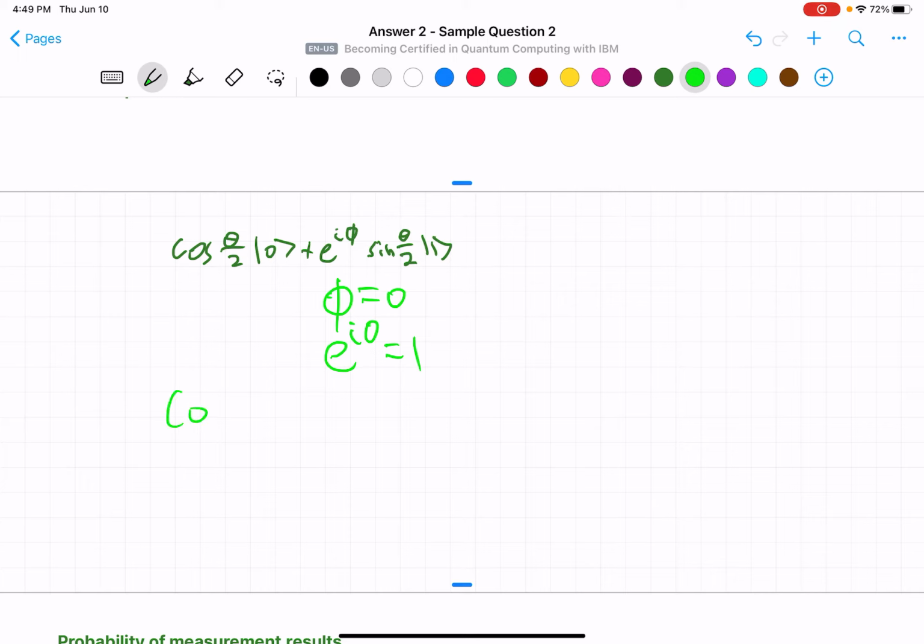And so then we just worry about amplitude for the 0 state, cosine of theta over 2, which is cosine of 3 pi fourths over 2, which is going to be 3 pi eighths. And then sine of 3 pi eighths is going to be the amplitude for the 1 state.